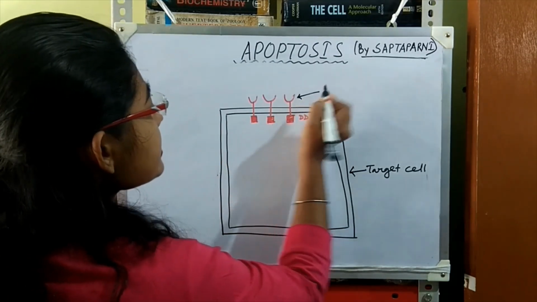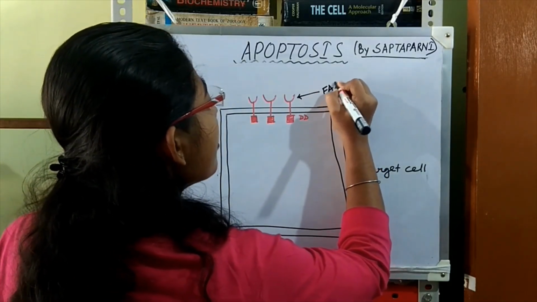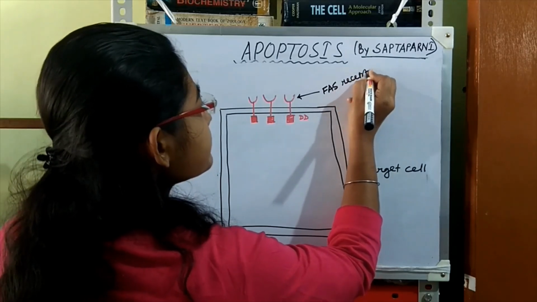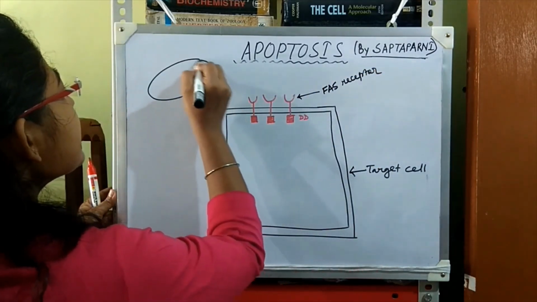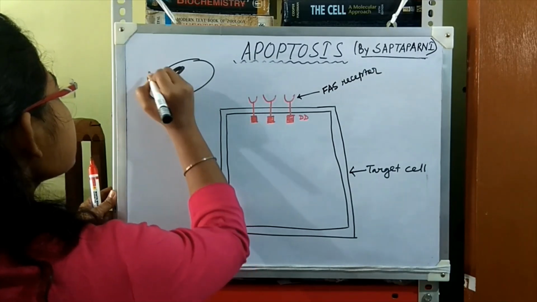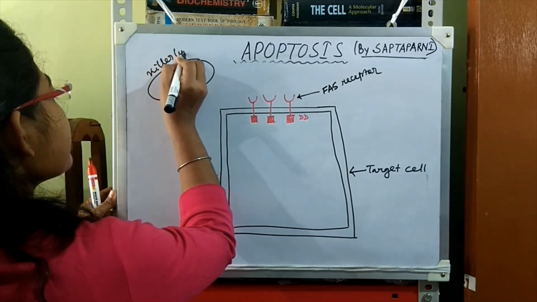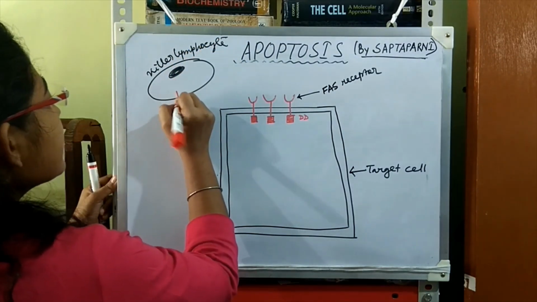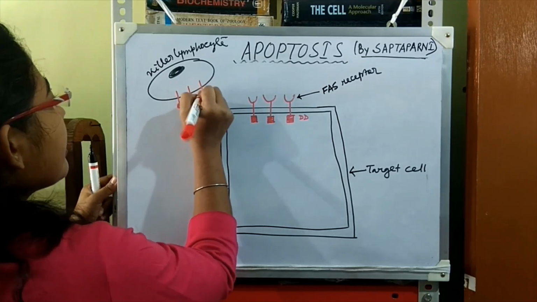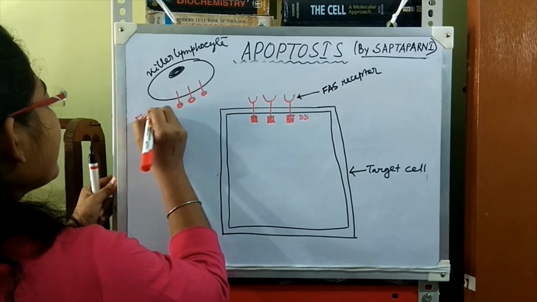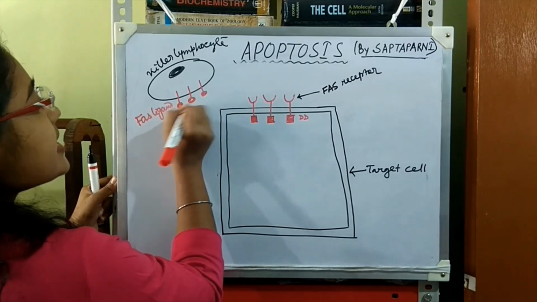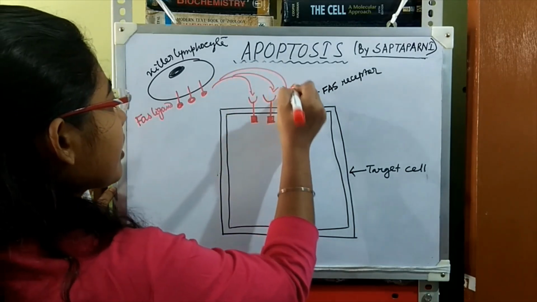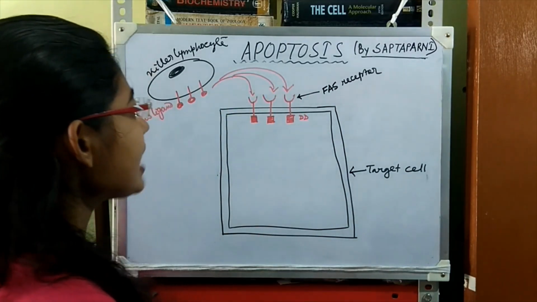Now, in this case, this is the receptor of Fas ligand. That is why we will write it as Fas receptor. Whenever a killer cell, like this killer lymphocyte, brings the death signal in the form of Fas ligand, okay, these are the Fas ligands, and when these Fas ligands bind to this Fas receptor, what happens?